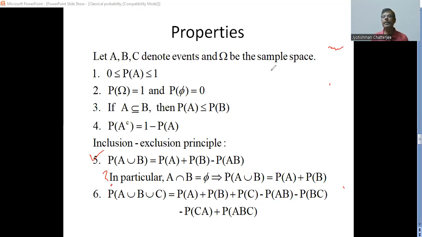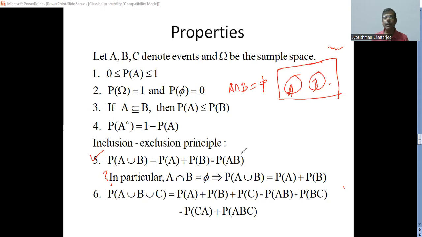If the diagram is like this, suppose A and B are disjoint. In that case, A intersection B is the null set.